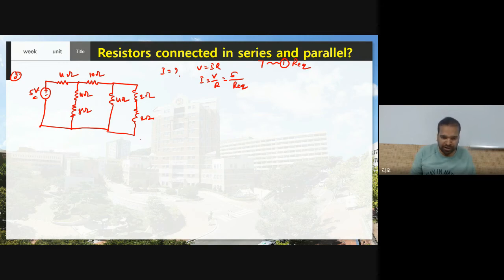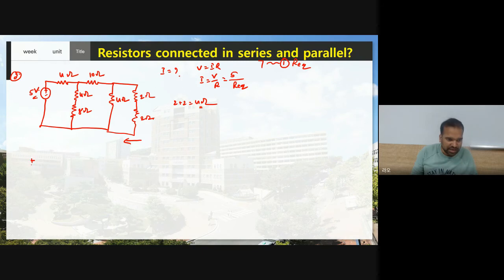Whenever you solve this problem, you need to solve from the left hand side. Here, these two elements are connected in series. Therefore, can I write 2 plus 2 equal to 4 ohm? Now, instead of these two resistors, can I replace a single resistor with the value of 4 ohm? Yes.